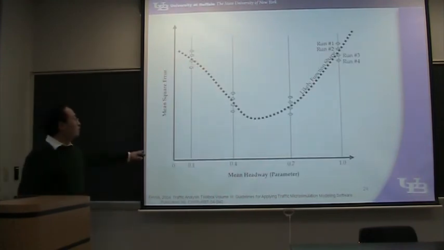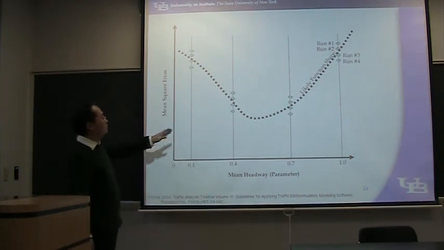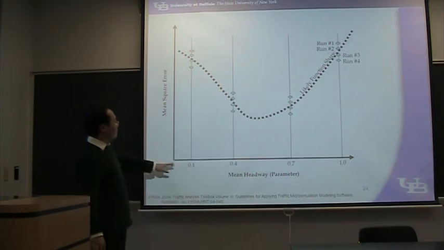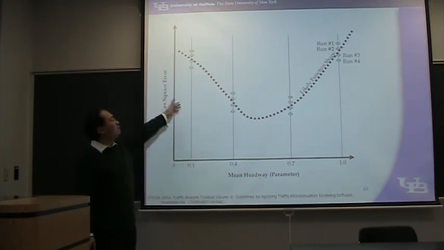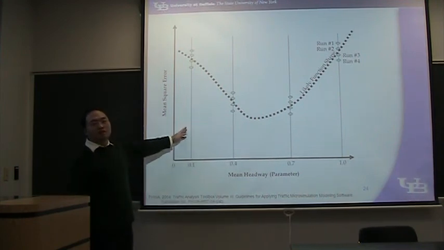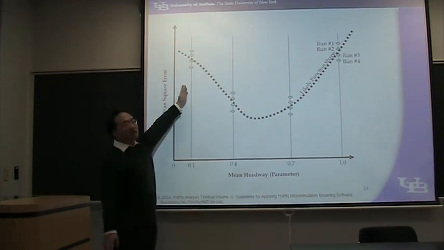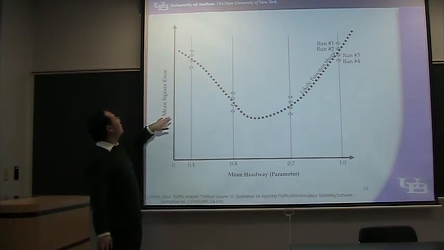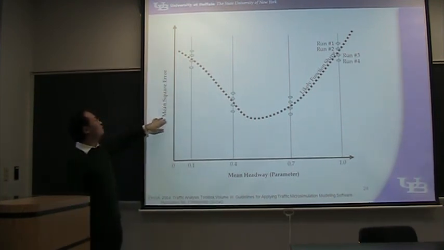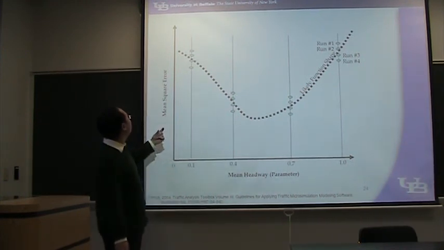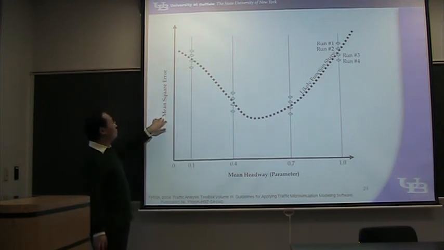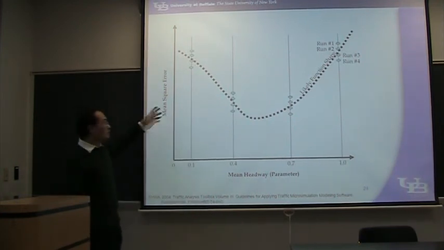Now let me give you an example of single parameter search. This is easy, but I want you to see some points. You change the mean head weight, for example, to 0.1, and you run the model several times. Not only one time, but like 4 times, and you get 4 mean square errors. This is your objective function. Here you use mean square error, which is the square of root mean square error, so basically they are the same thing.